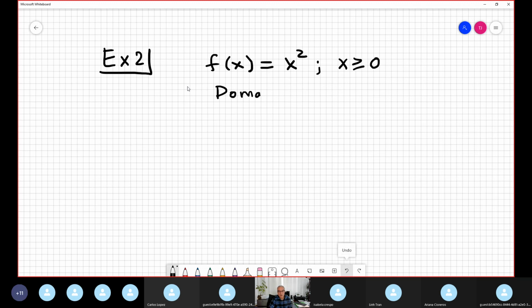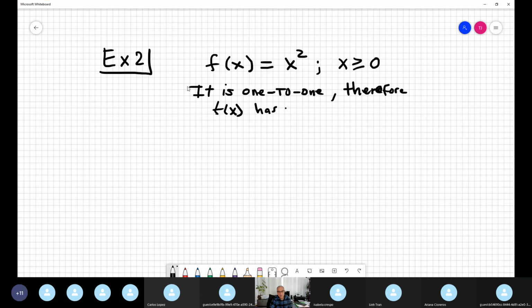Anyway, either way. Okay. Now, so in this case, it is 1-to-1. Nice. Therefore, f of x has an inverse. Well, okay. I understand.